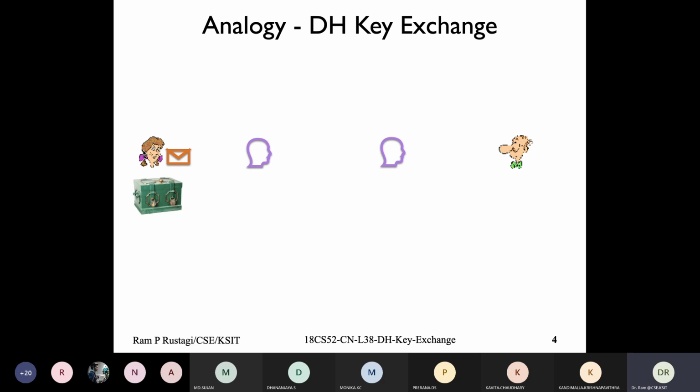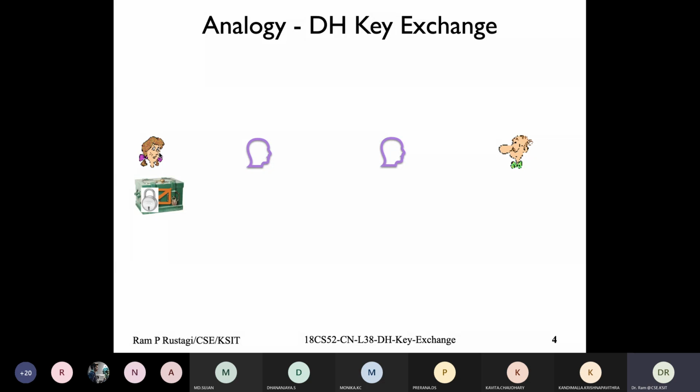Alice has the key to her lock, and Bob would have the key to his lock. So Alice puts the message, or the key, in the box and puts her lock. Now she has the key, Bob does not have the key at all. Only Alice can open that lock. So let's see with this how Bob can get the message.